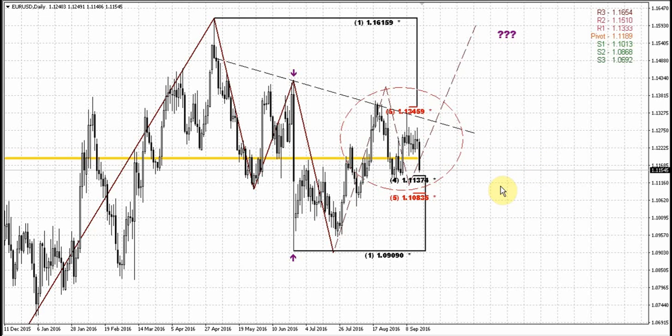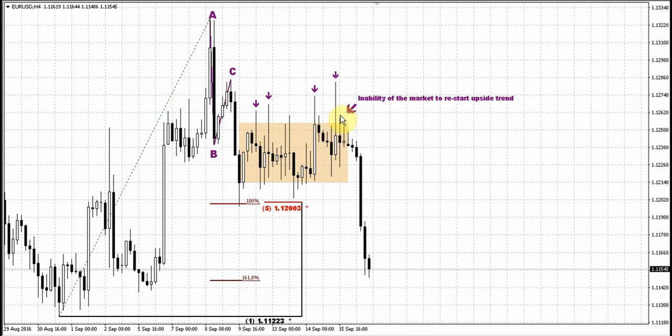Now we will turn to the intraday charts, and you'll see other signs of weakness on the market. First, on the 4-hour time frame chart, take a look at what has happened in this consolidation. This is very interesting behavior. Take a look, these long tails are nothing more than attempts of the market to continue the bullish trend.